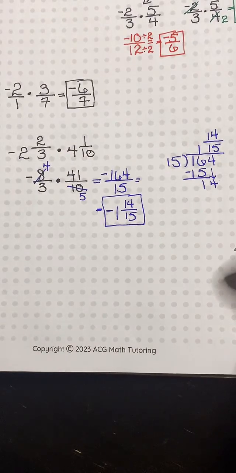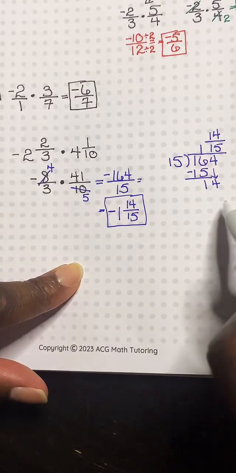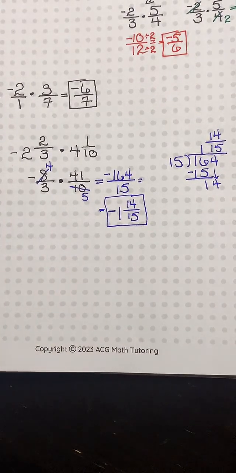You need to add a 0 because 15 cannot go into 14. But why should I know 15 can't go into 14, but why would I put that placeholder 0? Couldn't I just take the 14 and put it over 15? I want to know why. I know 15 can't go into 14. But why can't I just do that?